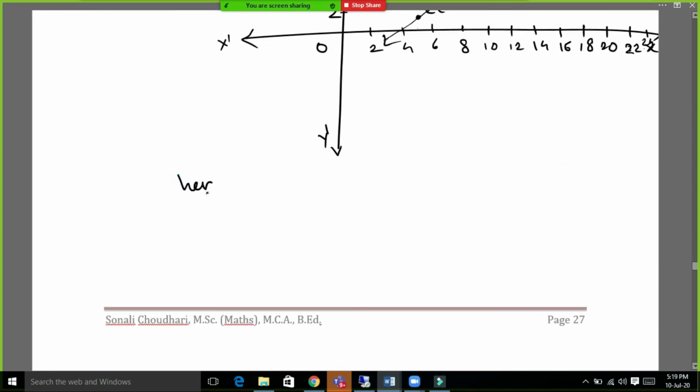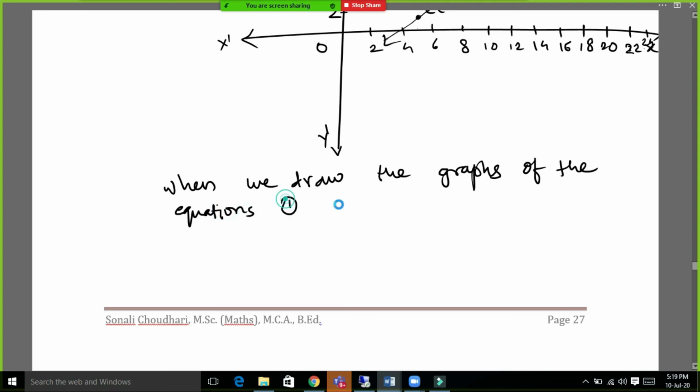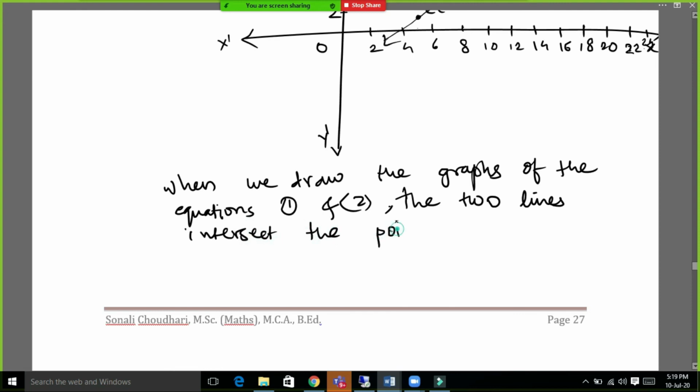When we draw the graphs of the equations 1 and 2, the two lines intersect at a point. We have given the name E to the point of intersection.